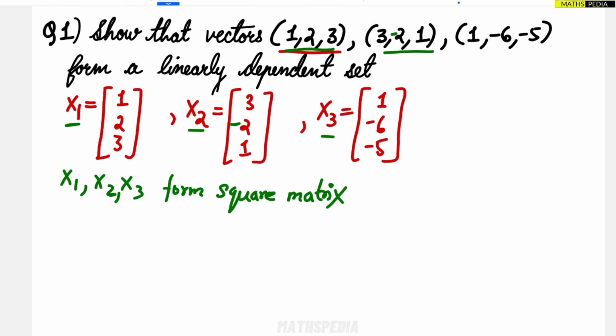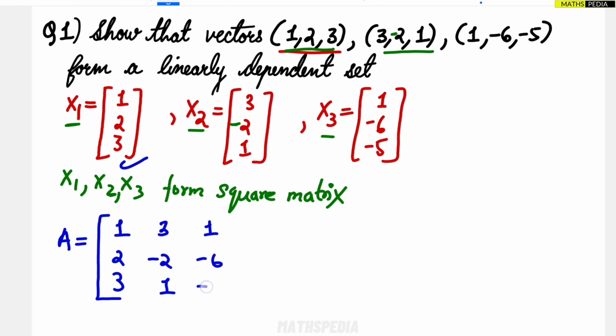I'll name that square matrix A. First take the x1 value and write it column wise: 1, 2, 3. The second vector is 3, minus 2, 1. The third vector is 1, minus 6, minus 5.